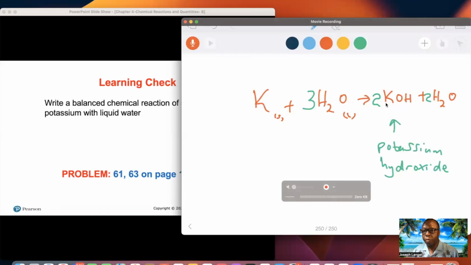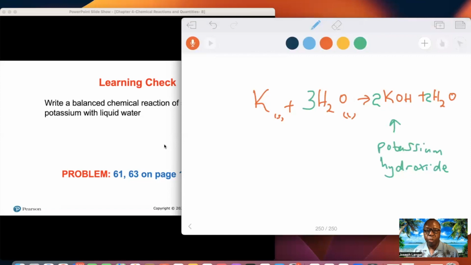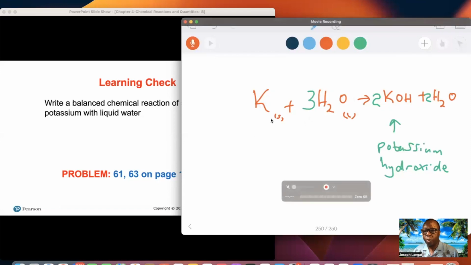Here I have 2 plus 2 is 4. So we need to balance the potassium. We have 2 there, so we need to balance out the hydrogen.